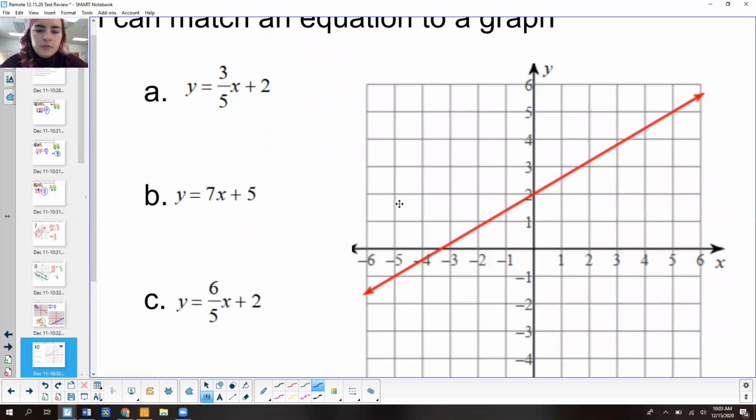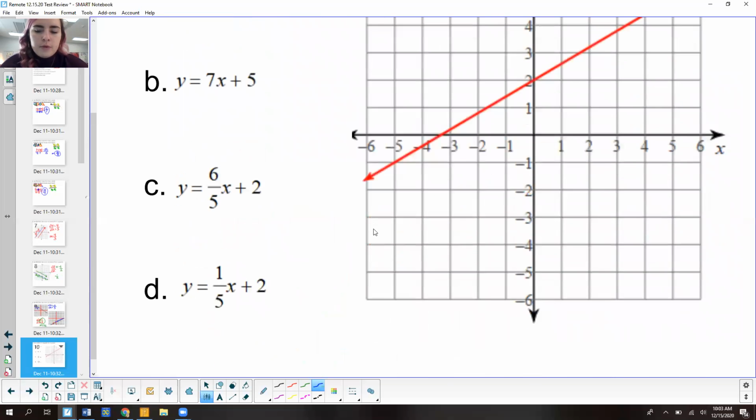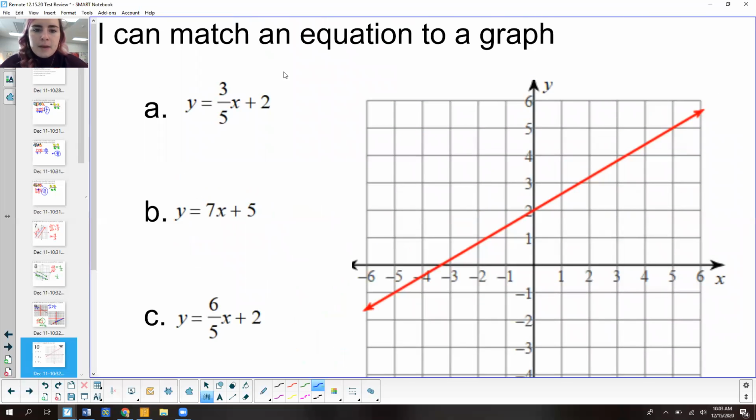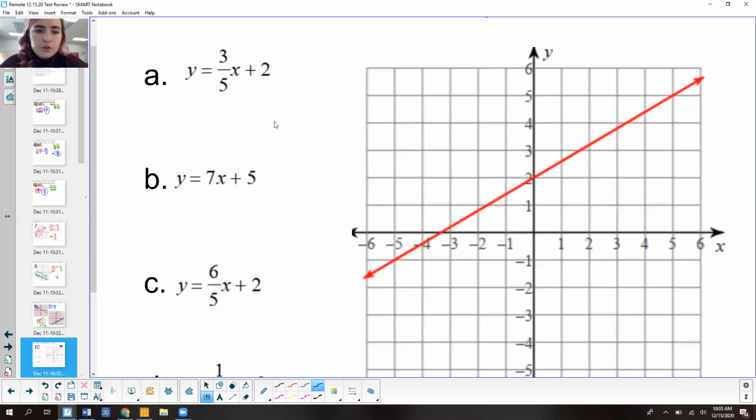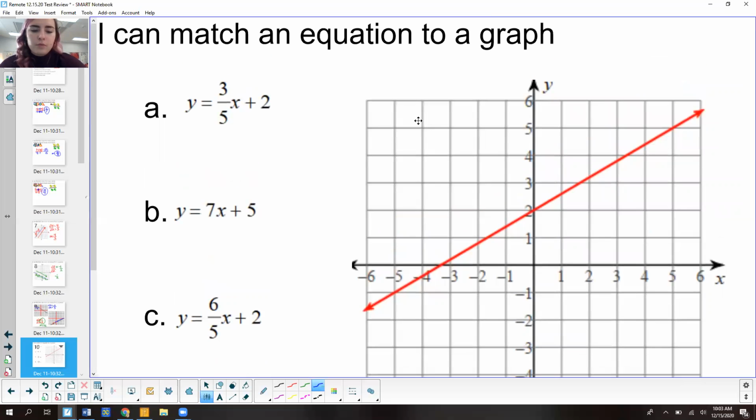All right, next one. We'll probably wrap up soon, but I can match an equation to a graph. So this is something that you should be able to do. And we're going to talk about this tomorrow much more.